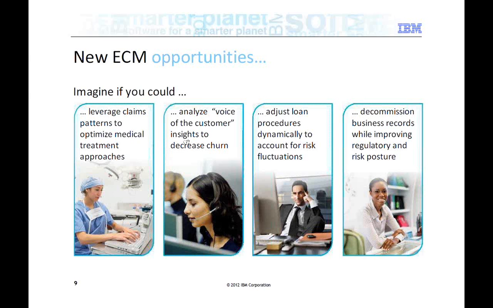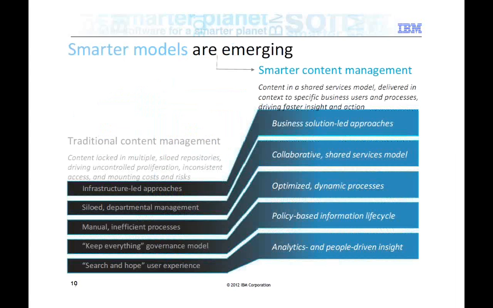So not keeping everything forever. The thinking has changed. Earlier people used to think that keeping everything is always good, but no. You need to move out of that paradigm and look at defensible disposal, so that you can decommission most of your data at an appropriate time in the life cycle.